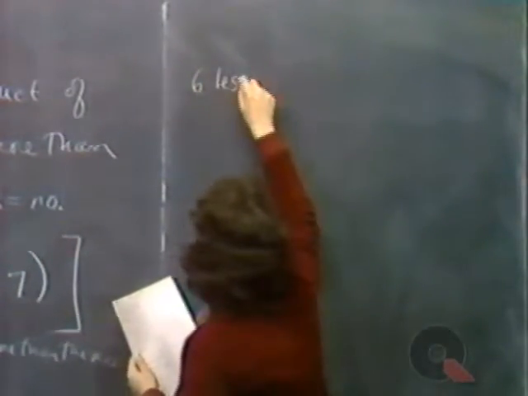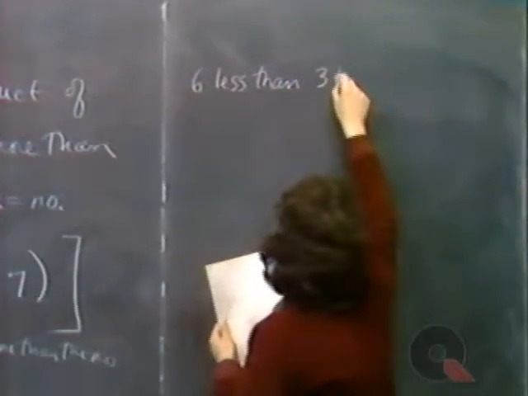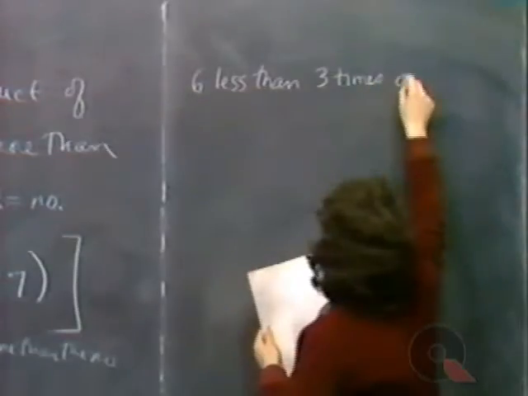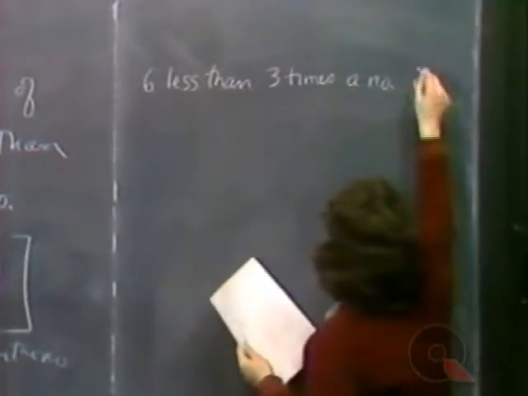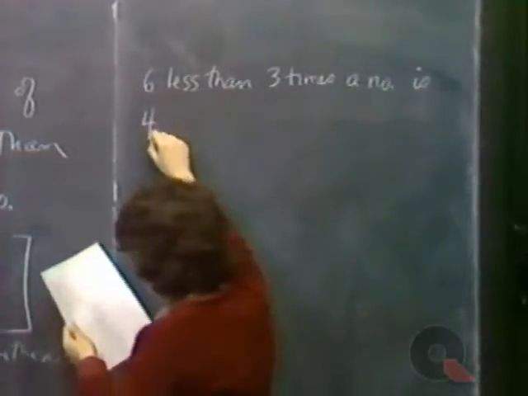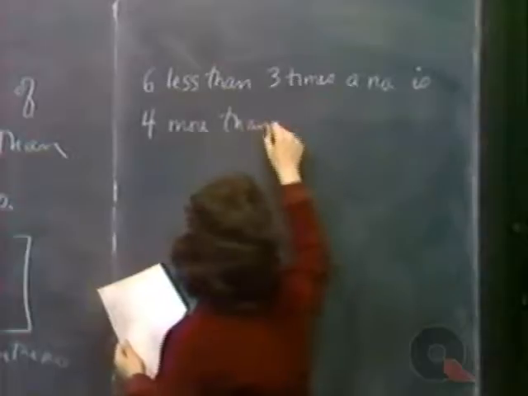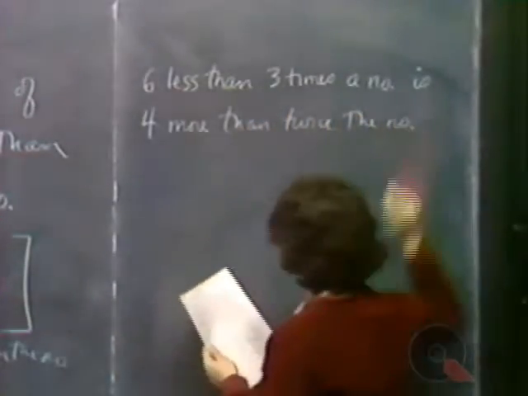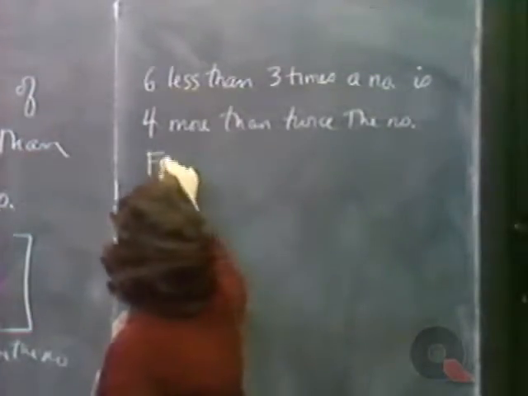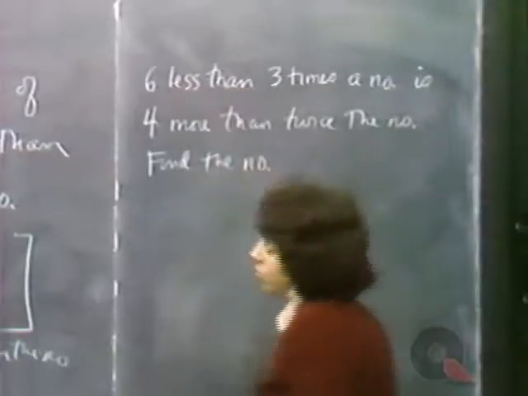Six less than 3 times a number is 4 more than twice the number. Find the number. This is our first full-fledged word problem.